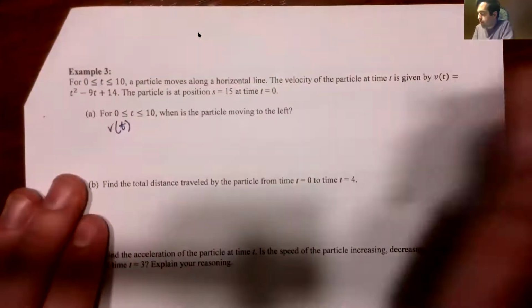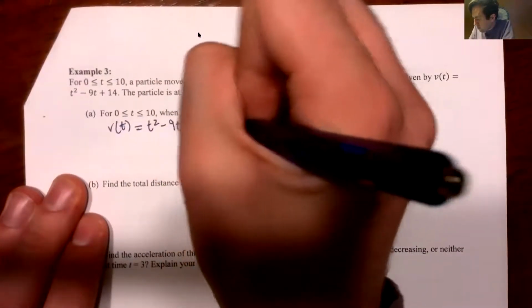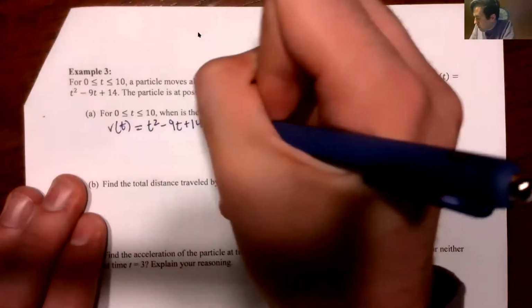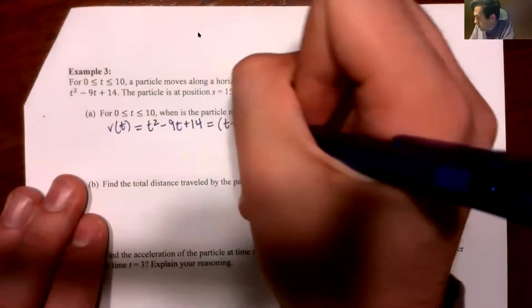So my velocity function was given as t squared minus 9t plus 14. And I'm going to find my critical numbers here by factoring.